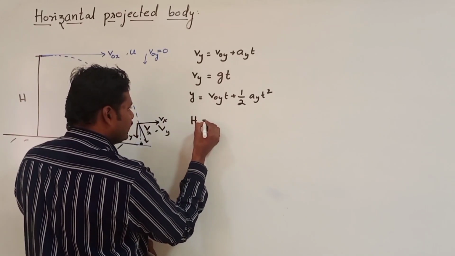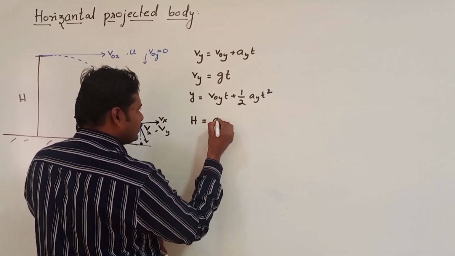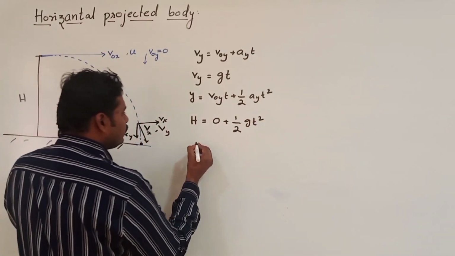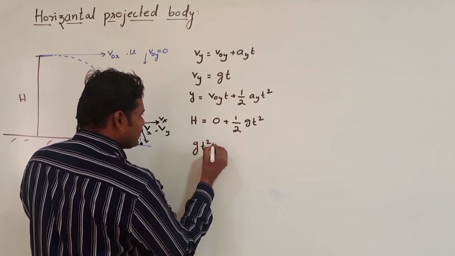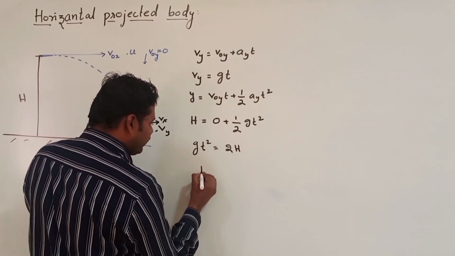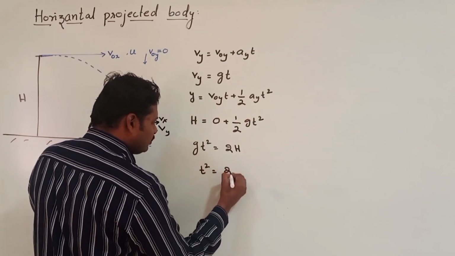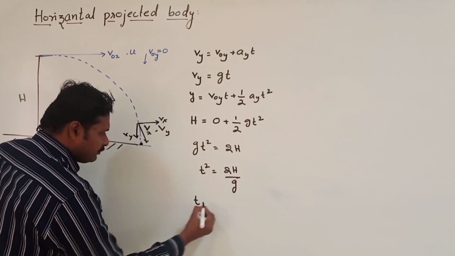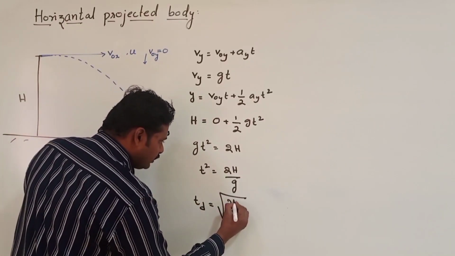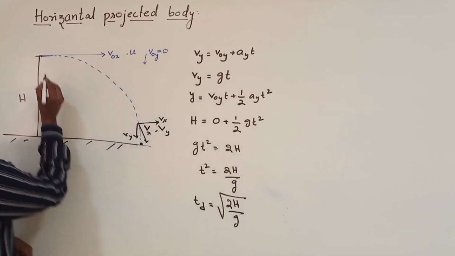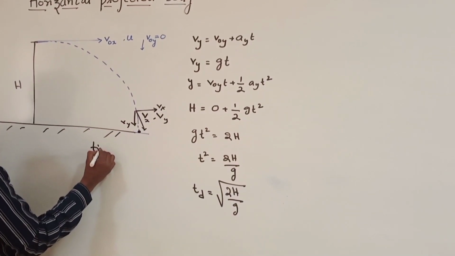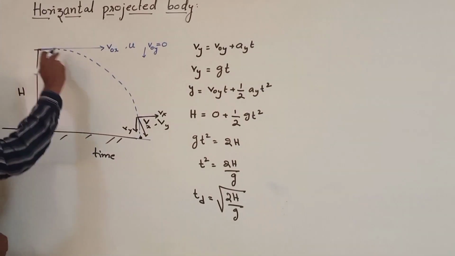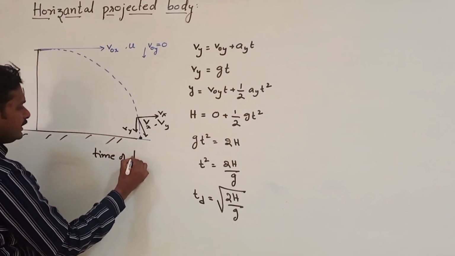This is equivalent to h is equal to 0 plus half g t square. So g t square is equal to 2h, and I am writing it as t square is equal to 2h by g. This t, or td, is equal to under root of 2h by g. This is called the time of descent, the time taken to reach from the height to the point of landing.